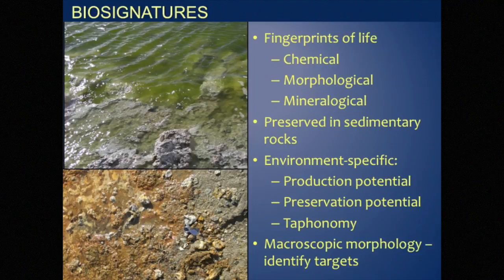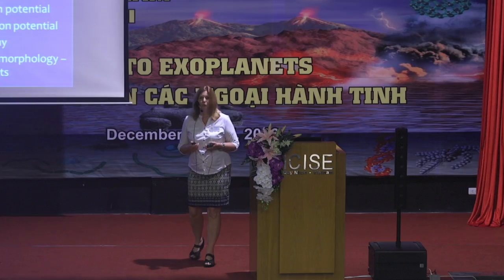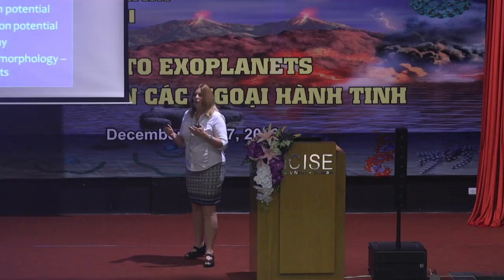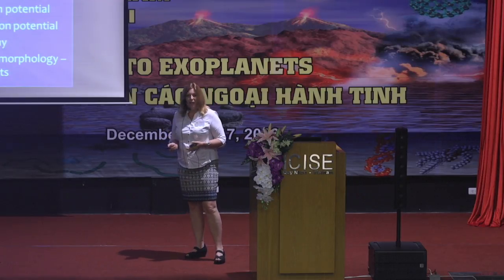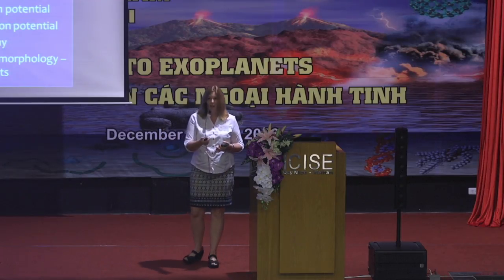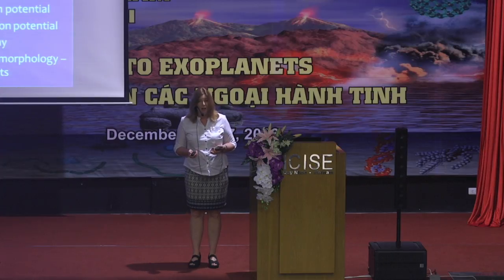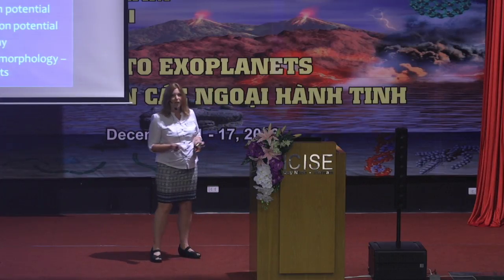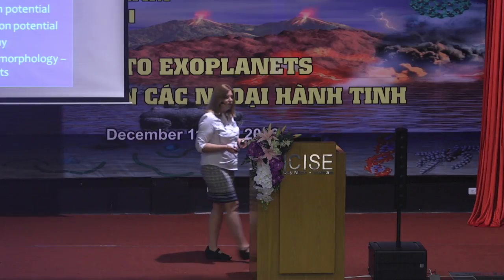So I look at the taphonomy, or how these things are preserved over geologic time. Because of water-rock interaction, and as we've seen with the previous two talks, really bad things can happen to your signs of life in your rock, given enough time.